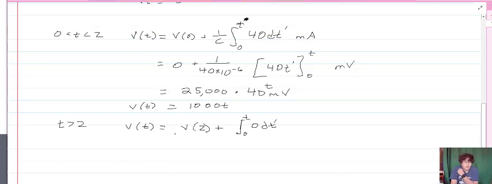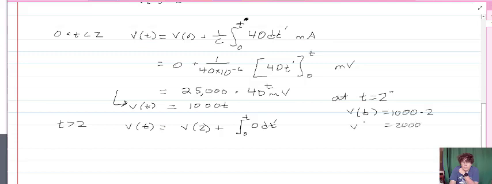Now, the voltage cannot change instantaneously. So whatever the voltage is according to this function at time t equals 2, it has to be equal to that on this side. So at t equals 2 minus, which means 2 coming at it from the smaller side, V of t equals 1,000 times 2, or 2,000.